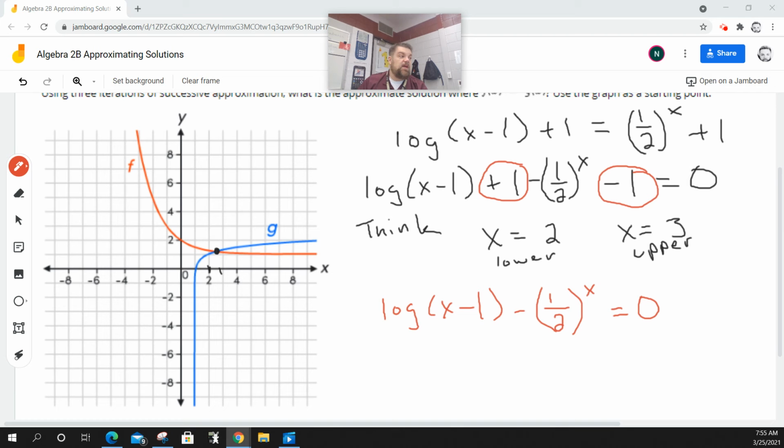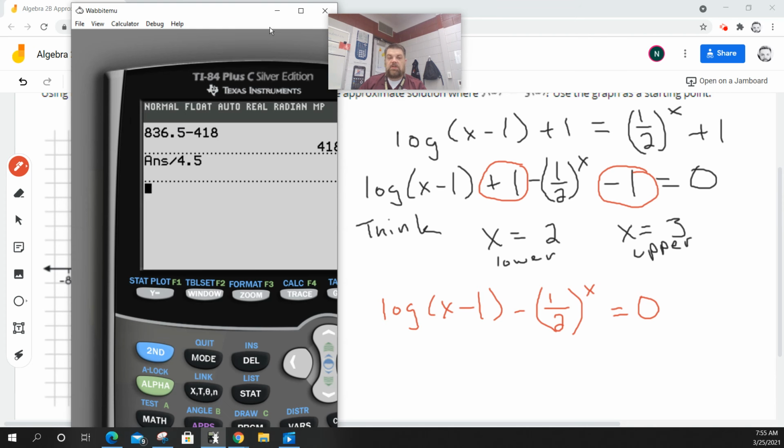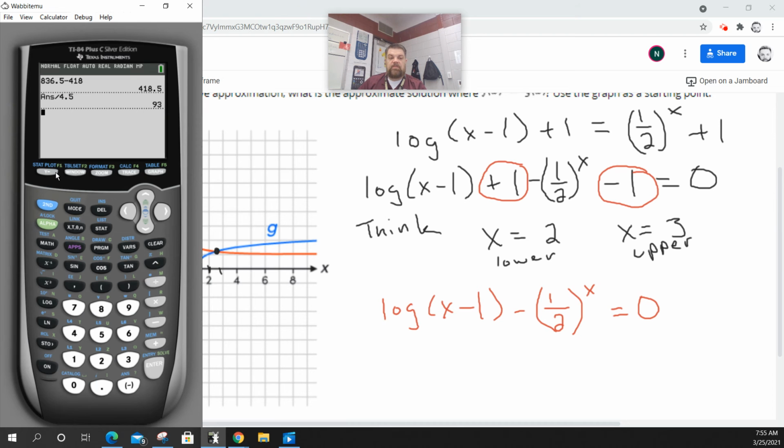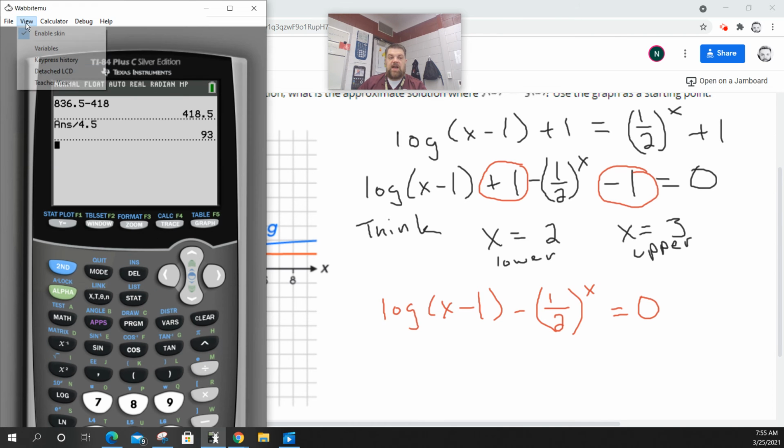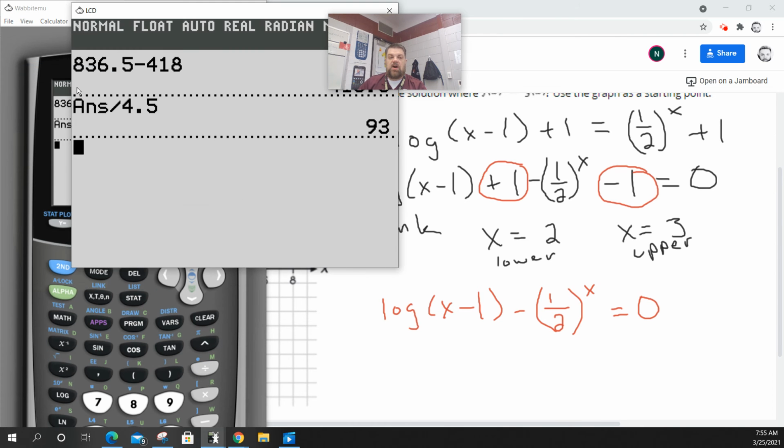And then I want to evaluate this at the upper and lower boundaries. I'm going to do that with the calculator because it goes quicker. So I'm going to graph this equation here.